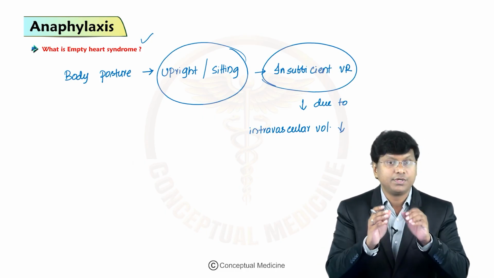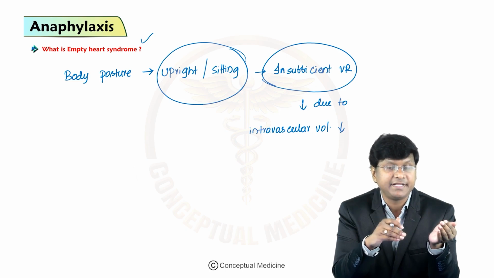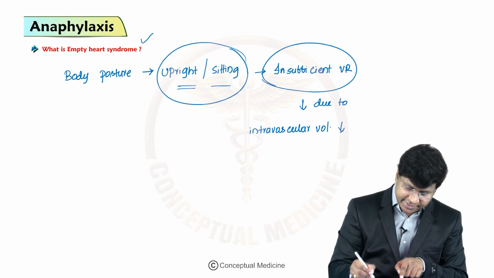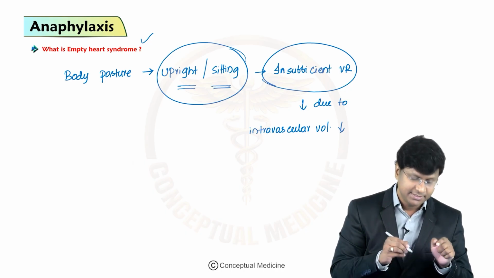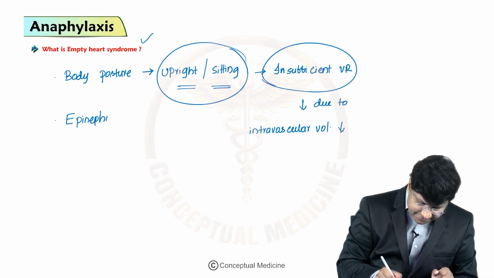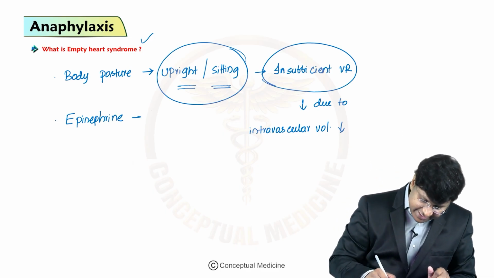This epinephrine can further accelerate the empty heart syndrome. Already when the individual is in upright or sitting posture, there is insufficient venous return to the heart. And apart from that, whenever you are giving epinephrine, what will it do to the heart rate? It will increase the heart rate.